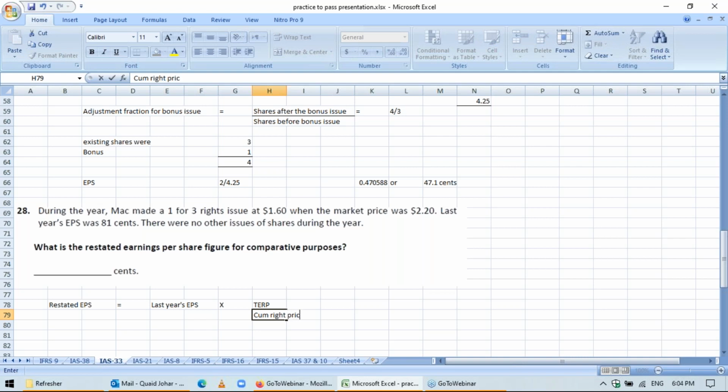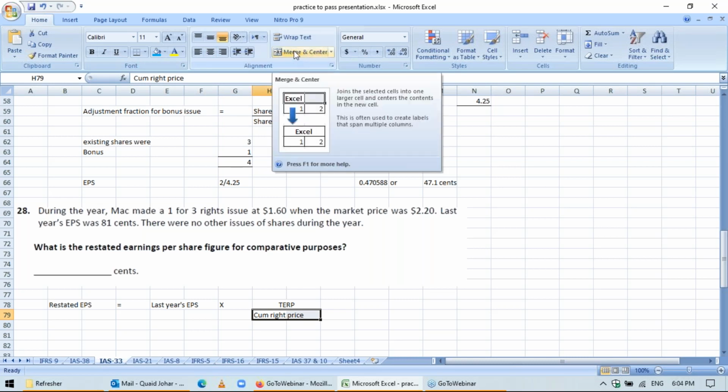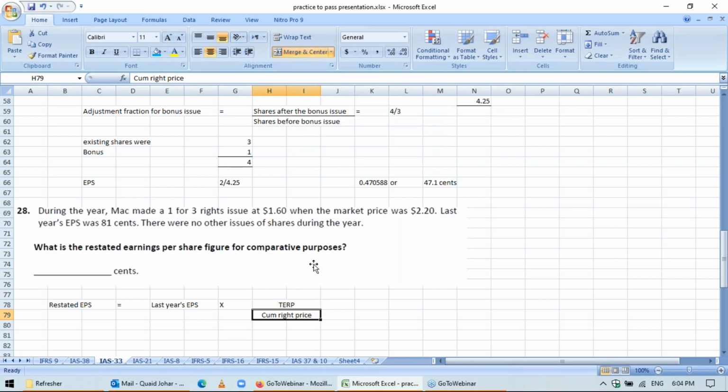Now this is the reverse of the normal adjustment fraction. If you remember the adjustment fraction, what was it? The theoretical ex-right price was in the denominator, but over here it is in the numerator. So you just have to calculate the same adjustment fraction, but you have to put it upside down.